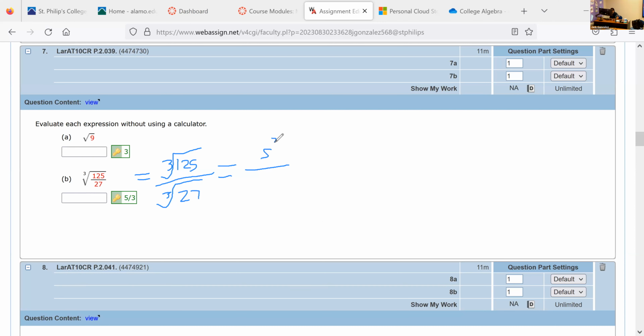And the reason, right, if I rewrite the 125 as a 5 cubed, should probably do this on the paper, and rewrite this one as a 3 cubed, right? 3 times 3 times 3, you agree is 27, right? So these will cancel. So by definition, right, you're only left with the 5/3.